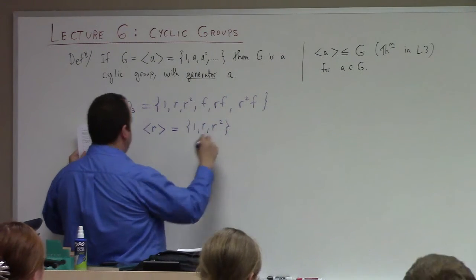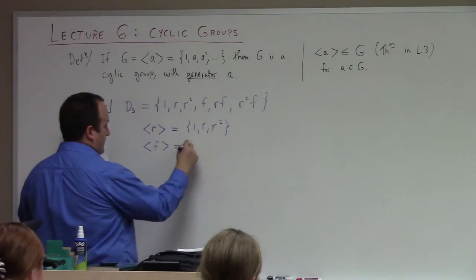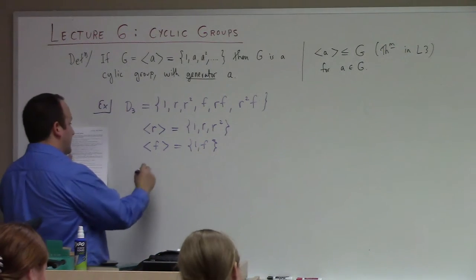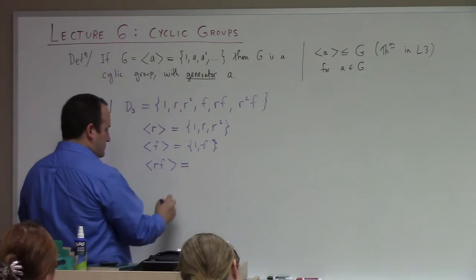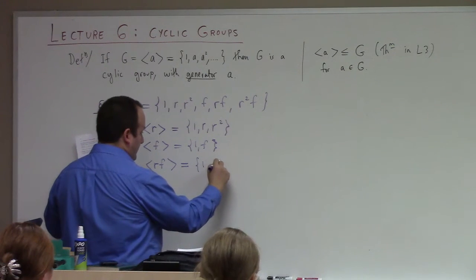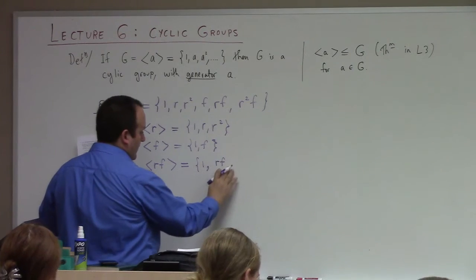You get this guy. If you look at the subgroup generated by f, what does that give you? It gives you 1 and f. If you look at the subgroup generated by rf, you get 1 and then rf, right? And why just that?